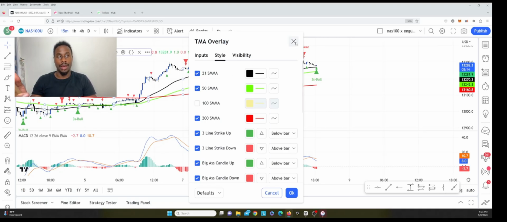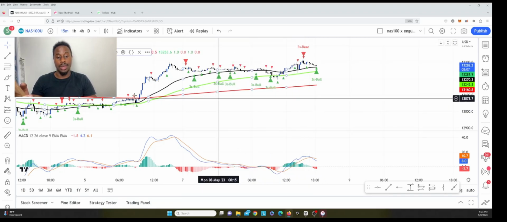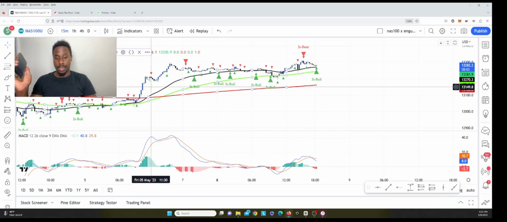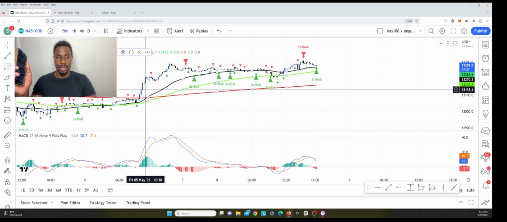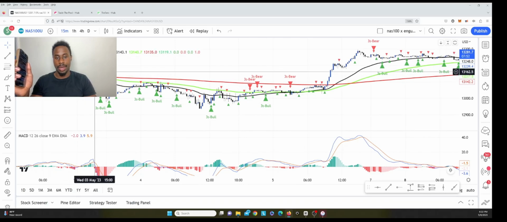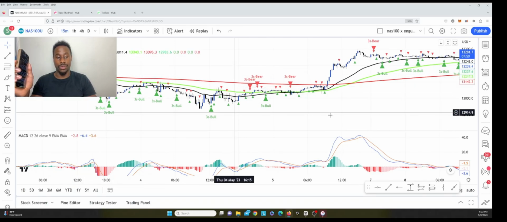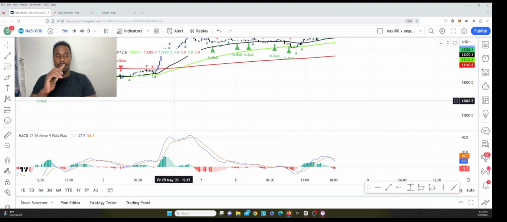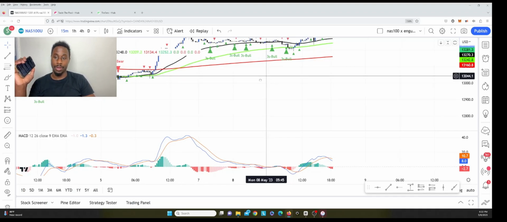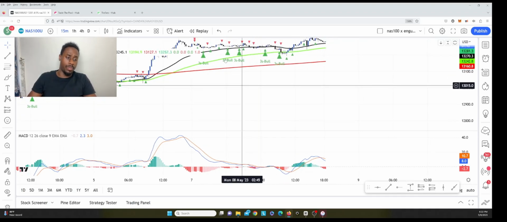It gives you more of an average of key points in price, and you can see above the 200 SMMA it's generally bullish, so you're looking for buys, and below the SMMA, or as price starts to approach it, you're looking for sells. It's very interesting. So I just wanted to see where I could get those A plus setups, right?